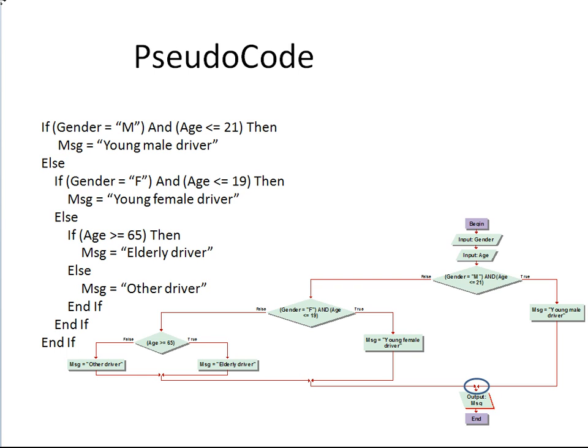No more, no less. We will have students who overcode things. They will throw in an end if right after message equal young male driver. Well, we got to the end if. No, you can't put the end if until you've done both the true and the false side.